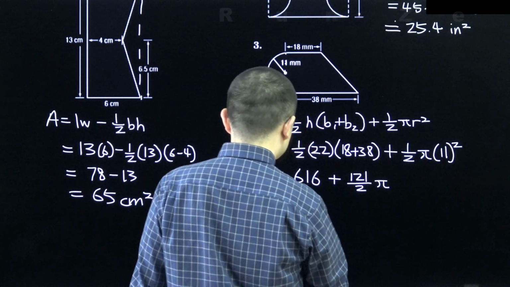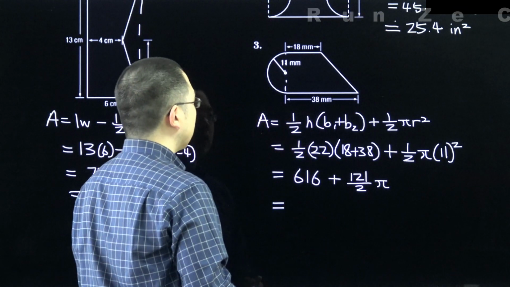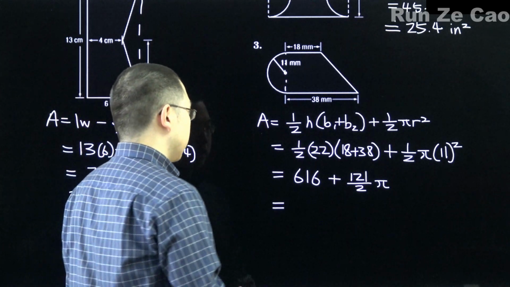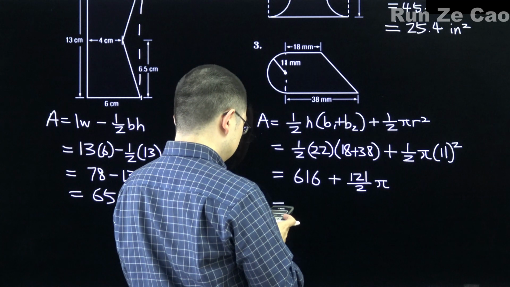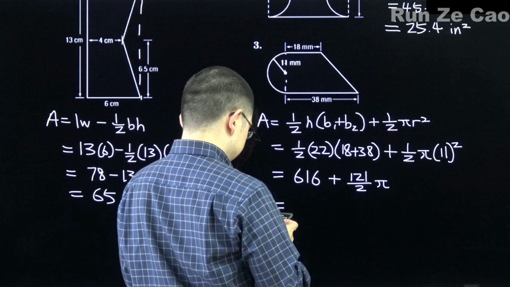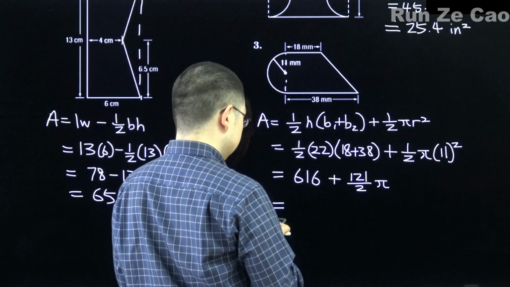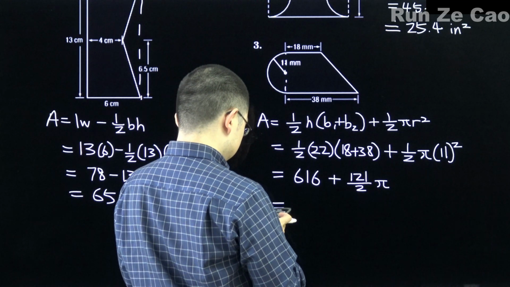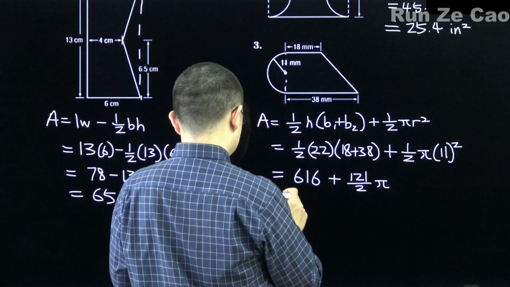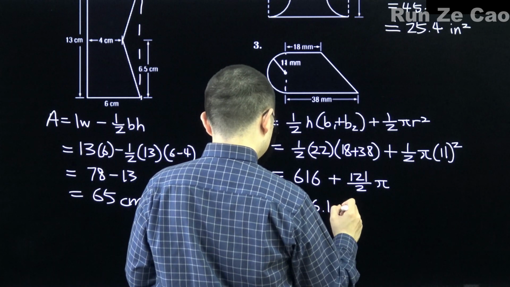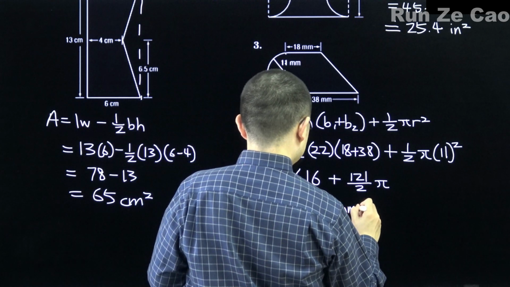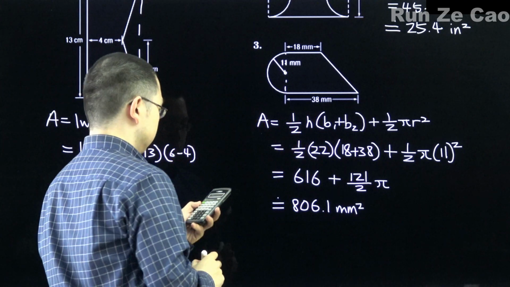Yeah, this doesn't strike me as a particularly useful number. Therefore, we got to approximate times pi. Approximately 806.1 millimeters squared.